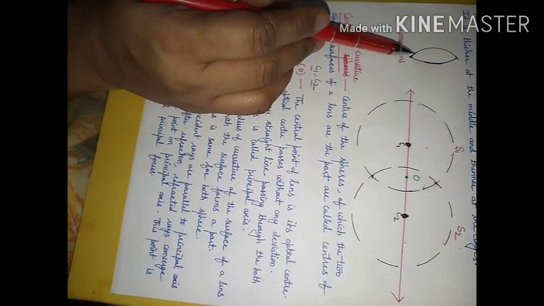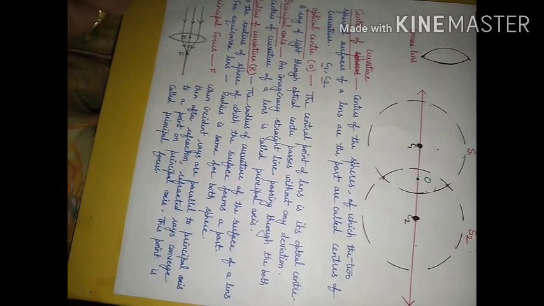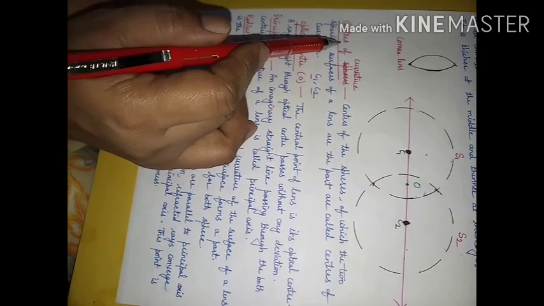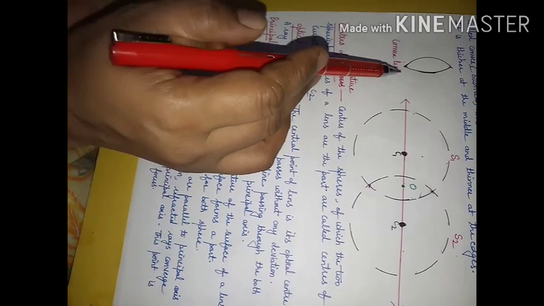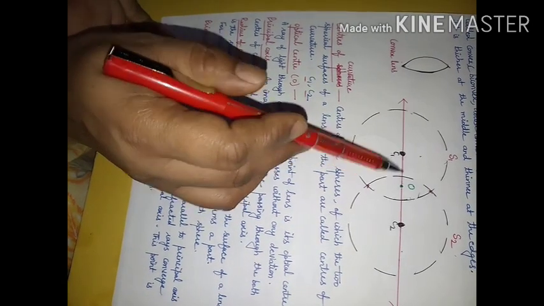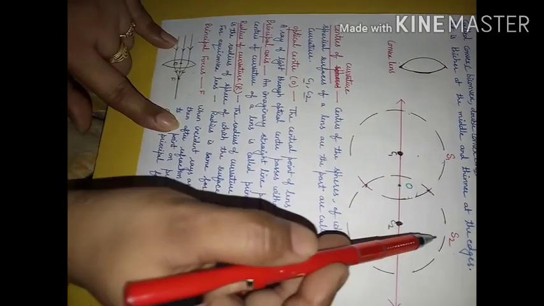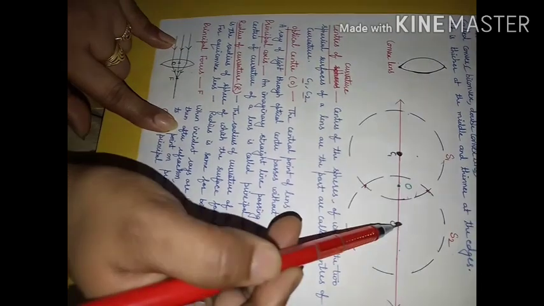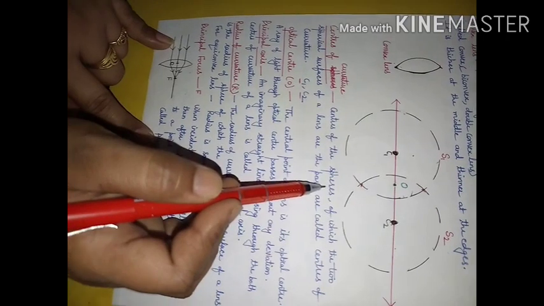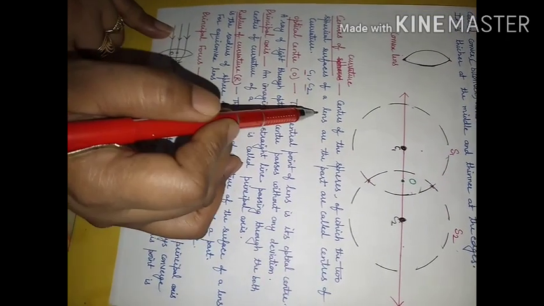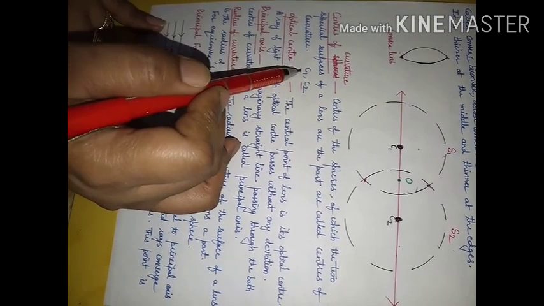Related to this lens, we will define a few terms. First is center of curvature. What is center of curvature? It is the center of the sphere of which this lens is a part. This lens is a part of this sphere, and of this sphere, so their centers will be known as centers of curvature. The centers of the spheres of which the two spherical surfaces of the lens are part are called centers of curvature. I am repeating again.